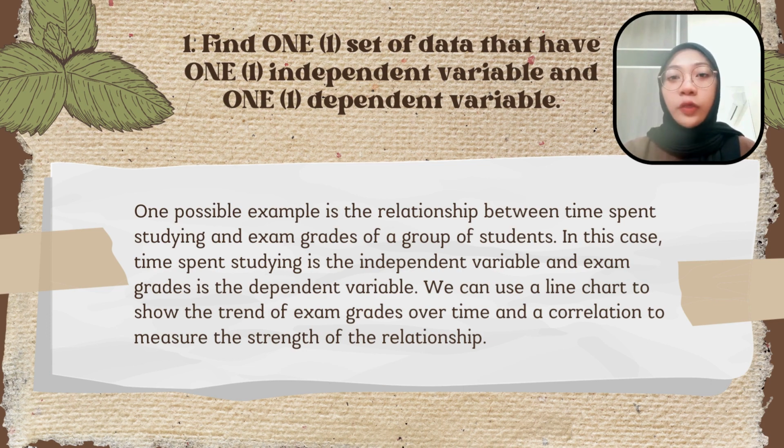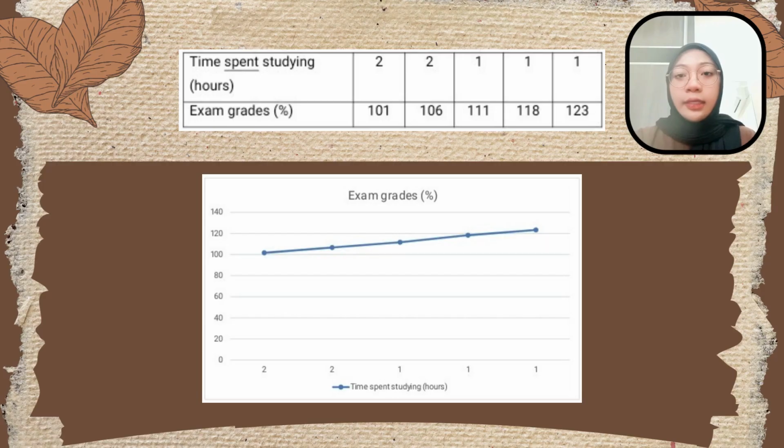I want to talk about question 1 in part B. Question 1 is about finding one set of data that has one independent variable and one dependent variable. In this case, I am choosing time spent studying as the independent variable and exam grades as the dependent variable. This dataset investigates the link between study time in hours and exam grades in percentage for a group of students.